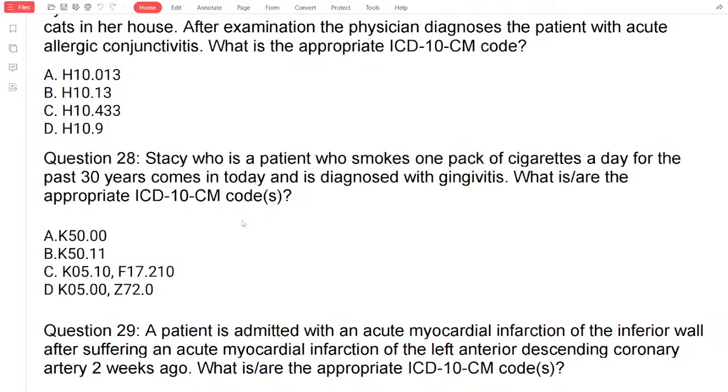Dear, C is the correct answer. Yeah, Akash, correct answer, C.